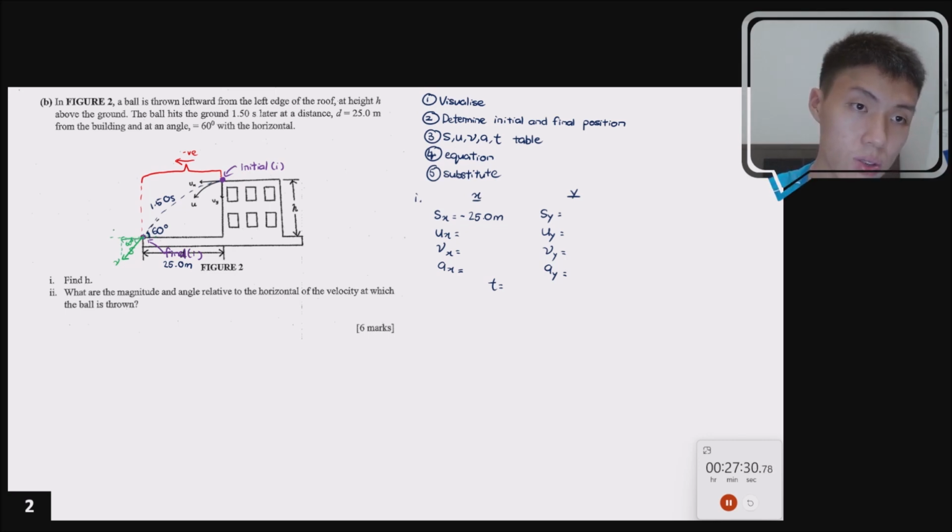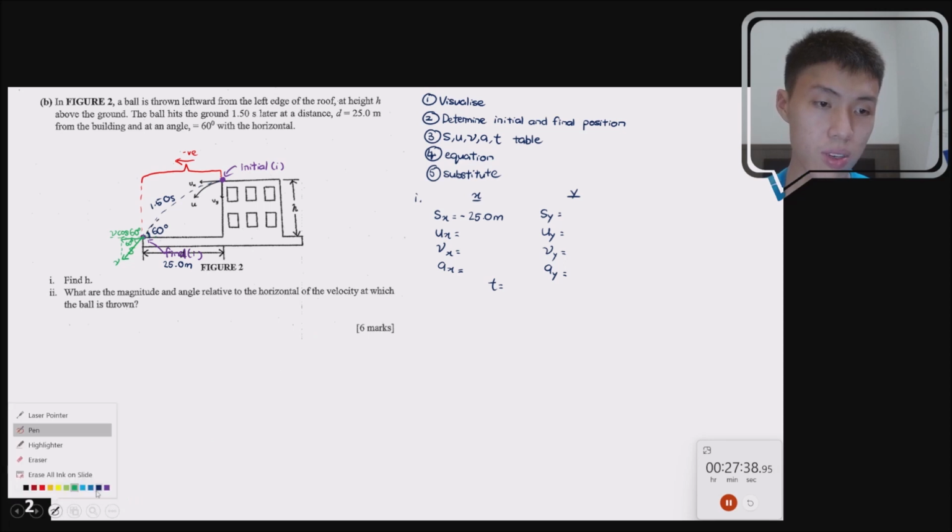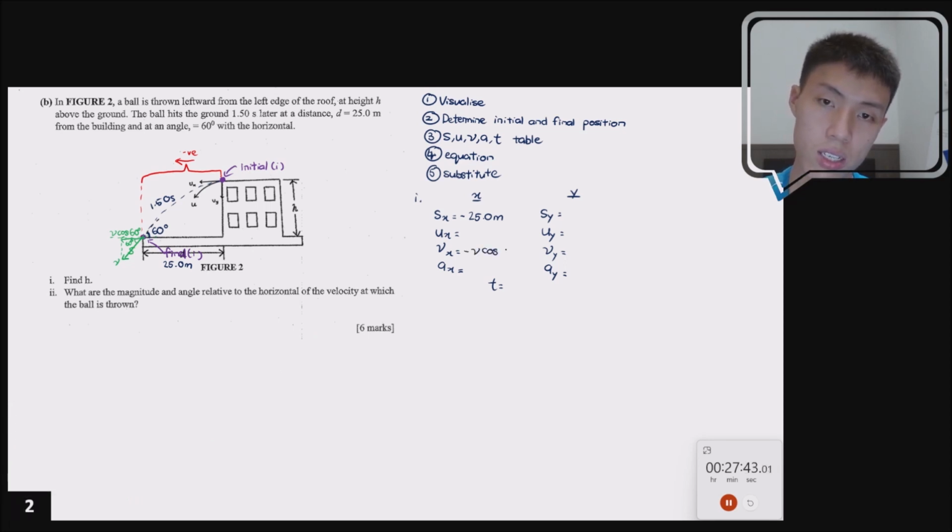This one you can call V cos 60. But because it's pointing to the left, once again, this will be negative V cos 60 degrees. For your acceleration in the x component, it is 0 because this is projectile motion. You don't have acceleration in the x component, and because you don't have acceleration, you know that the velocity will not change in the x component.